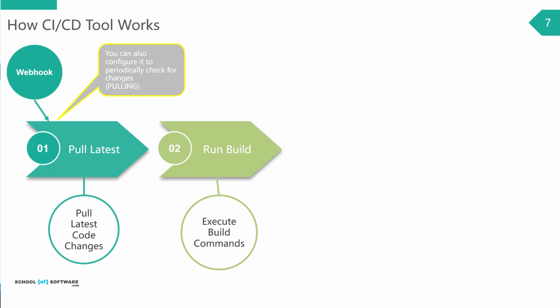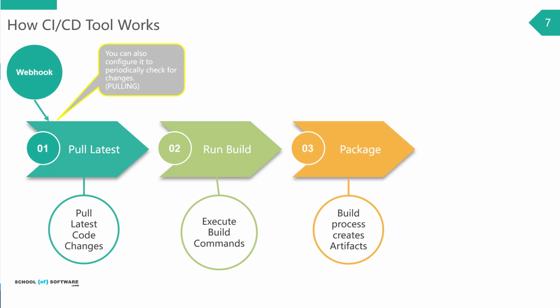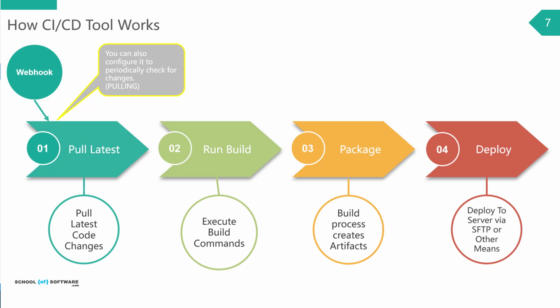Now I have to run those build commands, and it will create a package for me. Once I run those build commands, at the end of the build, it'll create a package, also known as artifacts in CI/CD language. If you hear about artifacts, it's really the produced result of a build. And finally, I need to deploy. Now that I have my artifacts, my package, I need to deploy it to the destination server.